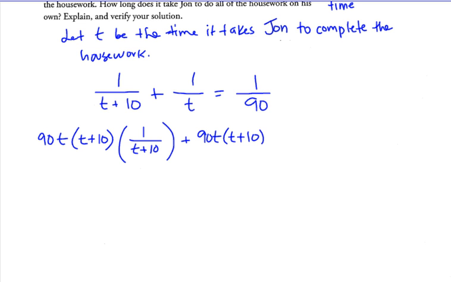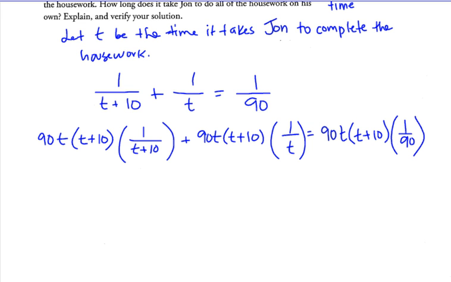So t plus 10 times 1 over t equals 1 over 90. Then we can do our canceling to get rid of the denominator. Take a second to write that down. Those are the type of questions you can see on your exam, as well as possibly your diploma.